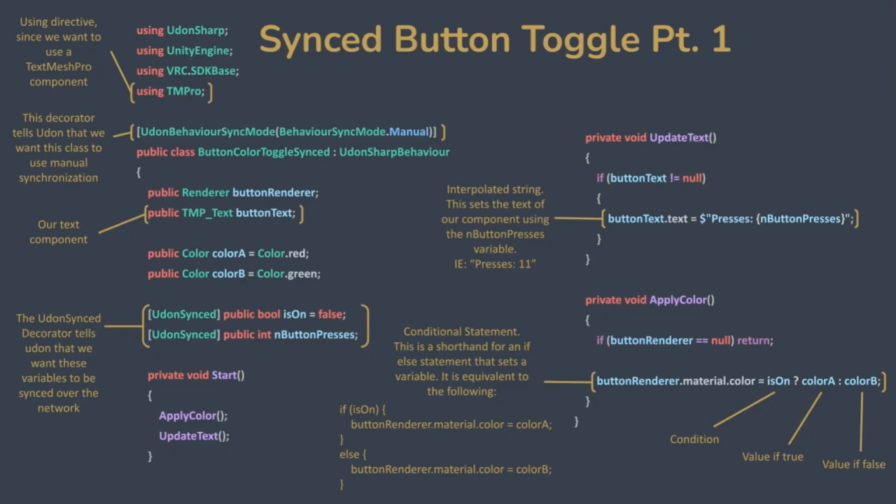So the equivalent statement here is, if it's on, set the material color to color A, otherwise set it to color B. So looking back at our conditional statement, we see isOn, question mark, that's our condition. Then colorA, that's the value we set to it if it's true, colon, colorB, which is the value we set if it's false. So reading through that again, if it's on, color A, otherwise color B.